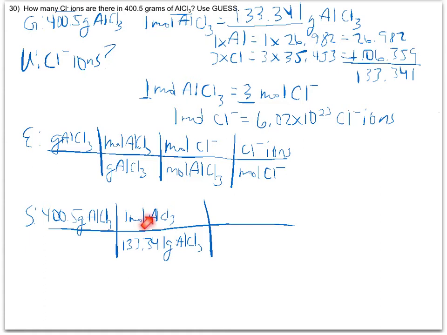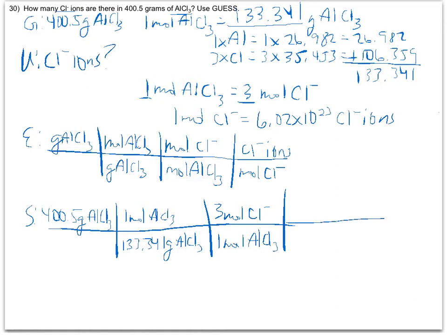Now the next one: we've got a mole of AlCl3 and 3 moles of chlorine, so 3 moles of chlorine goes on top and 1 mole of aluminum chloride on the bottom.